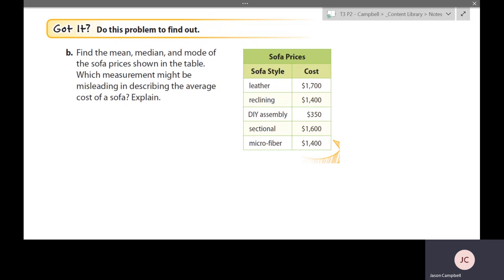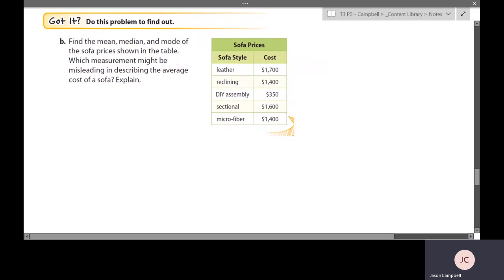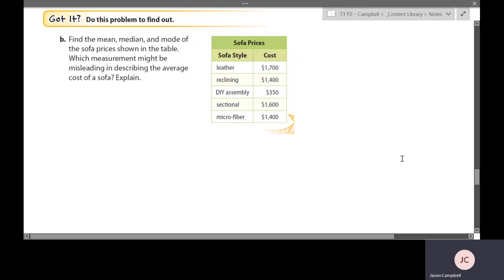Got It B says find the mean, median, and mode of the sofa prices shown in the table. Which measurement might be misleading in describing the average cost of a sofa? So the mean is where you add it all up and divide by how many there are.